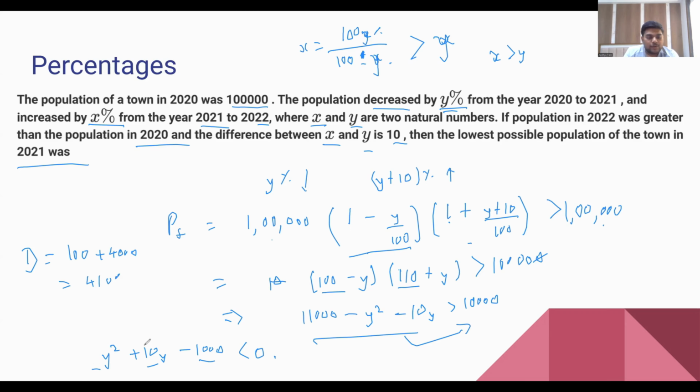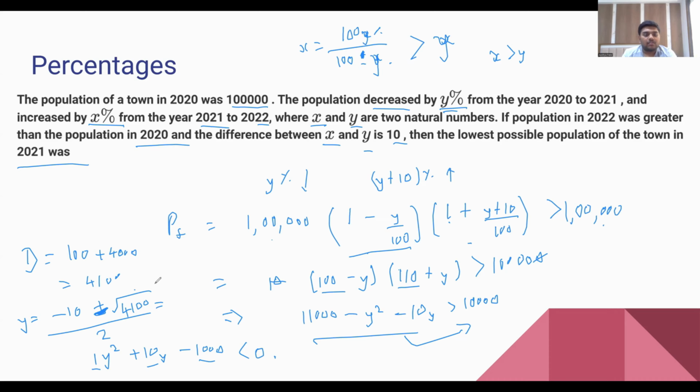And the boundary values of y will be minus 10 plus minus root 4100 divided by 2 into a. Since a is equal to 1, it will be divided by 2. Now, since y is a natural number, we will not consider the negative sign and only the positive sign will be considered.